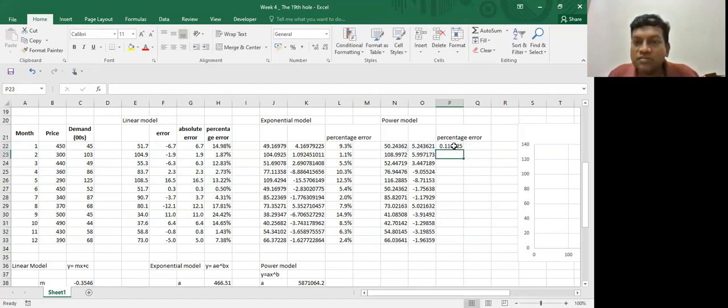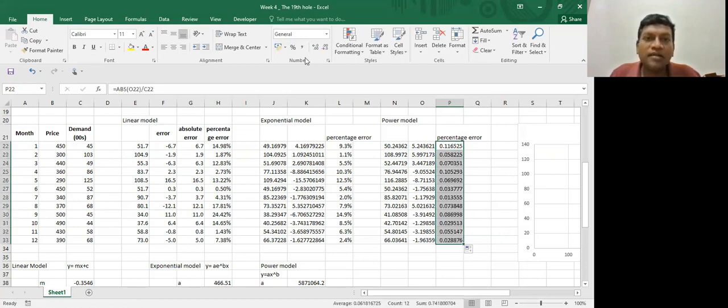Enter, drag it down, and then percentage. All right. Okay. So I have found the percentage error for each of those individual values.